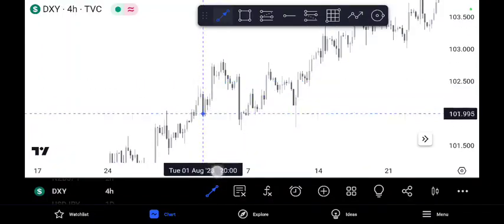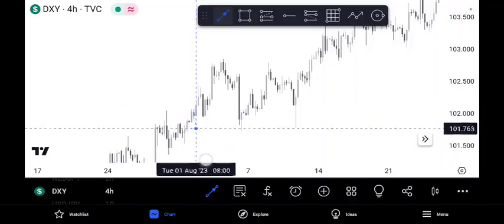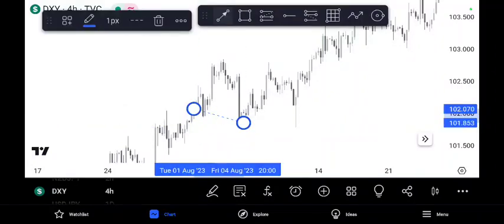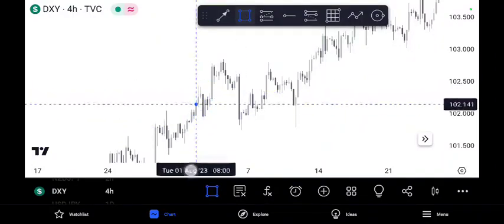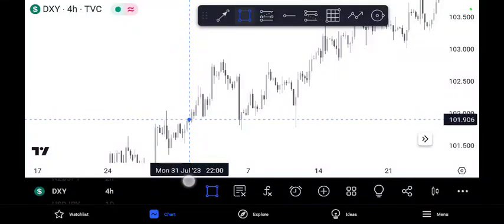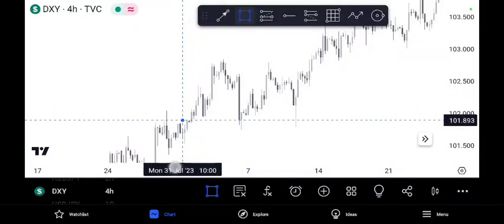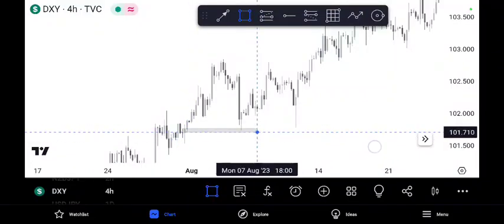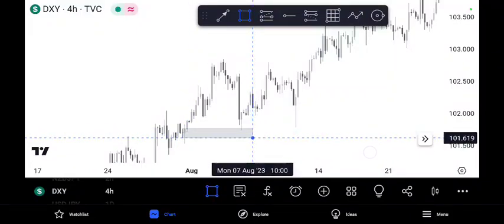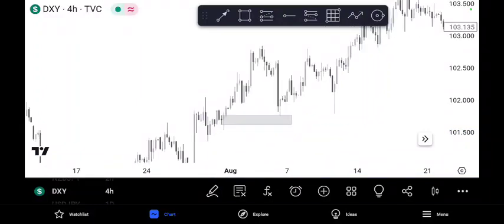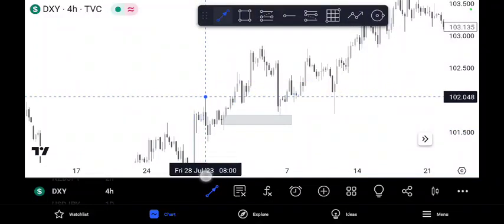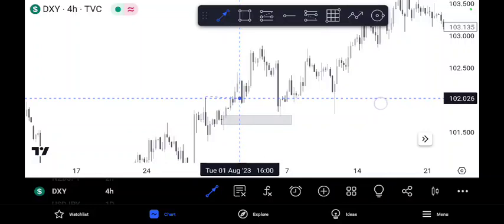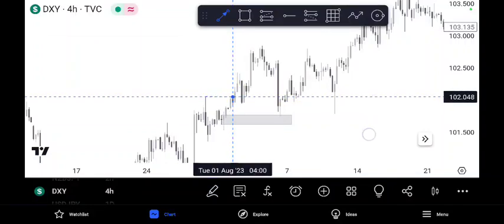Look at here, price bought from here. Price bought from here. Look at it. These are your one-time entries, and price broke structure here to the upside.